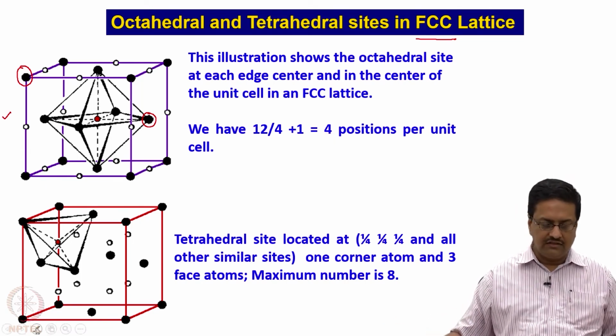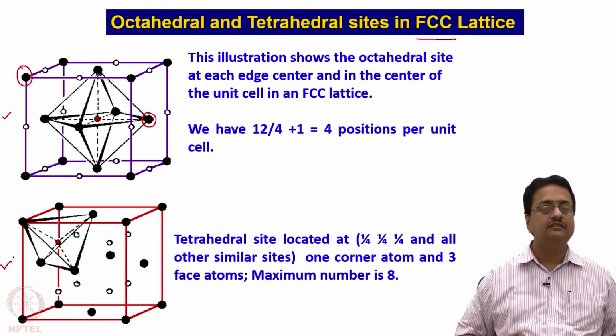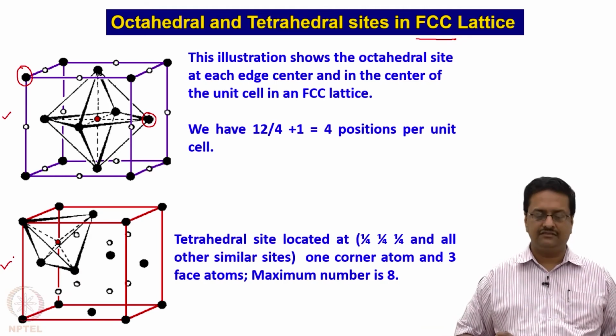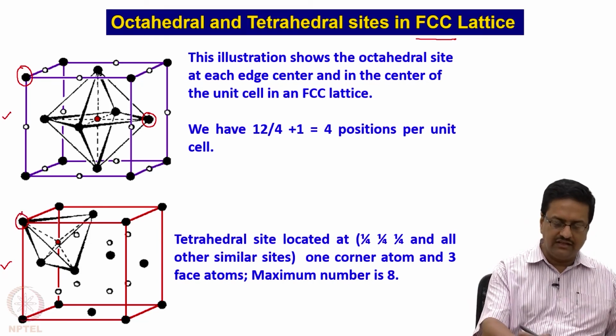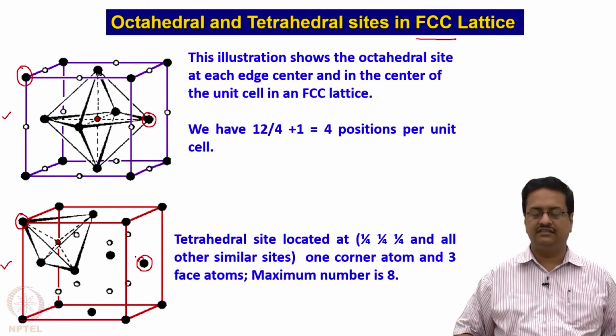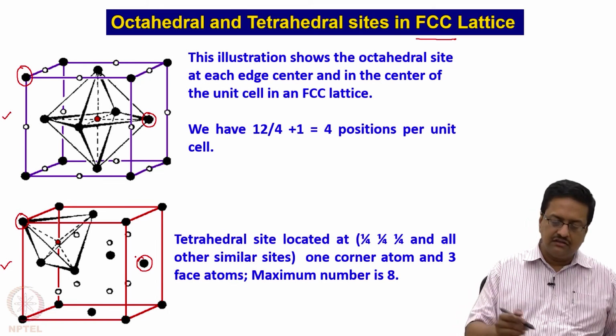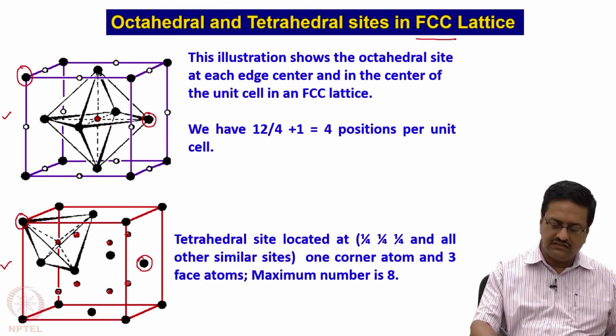Now if we look at the lower representation of the same face-centered lattice, where you have atoms at 8 corners and atoms at 6 faces, the positions which are marked here in red, and so on, all correspond to the tetrahedral sites.